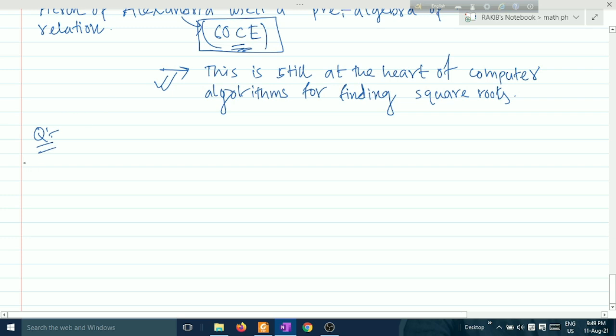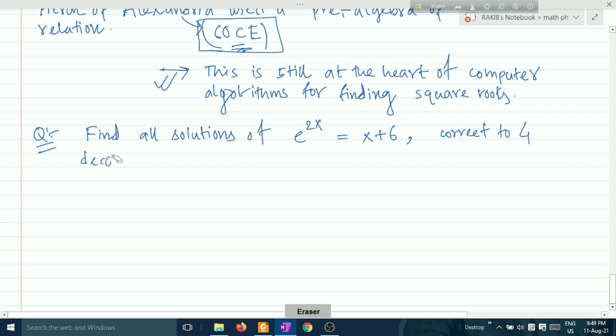So I am giving a question: find all solutions of e to the power 2x equals x plus 6, correct to 4 decimal places, by using the Newton-Raphson method.